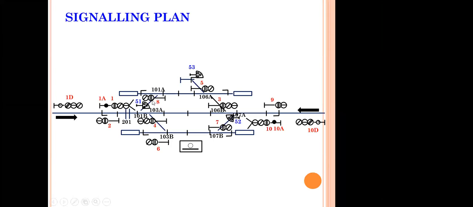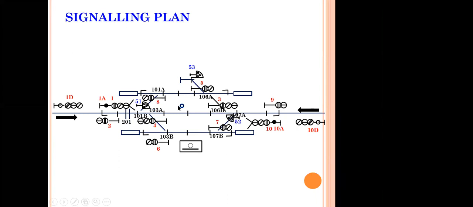They will be working coherently. If the 101 A point is in a particular position, for example normal, 101 B also should be normal. They work together, synchronizing with each other. Even though the functions are operated independently, they coordinate as far as their position is concerned.